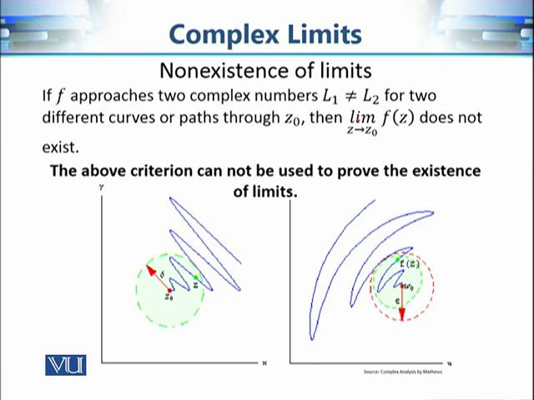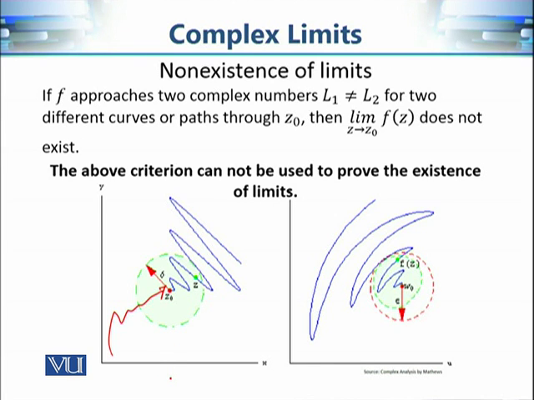Now, this criterion can only be used to check whether a given limit does not exist, and we cannot use this criterion to check whether a limit exists, because there are in fact infinitely many, uncountably many ways of approaching this number z0.